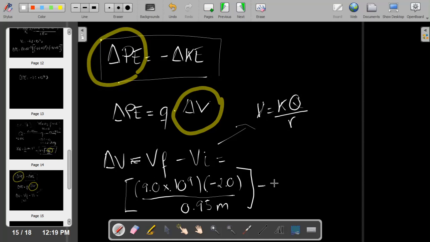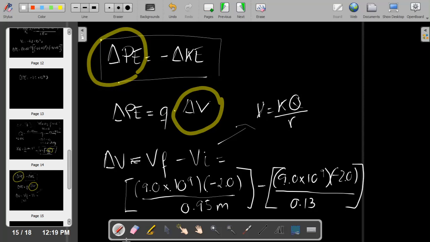Now I need to subtract my initial electrical potential. The top has not changed: 9.0 times 10 to the 9, multiplying, minus 2.0. And now I need to divide these by my initial position, and that was 0.13 meters, okay? I need to have meters.